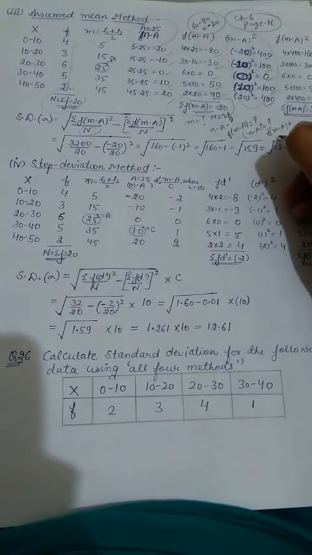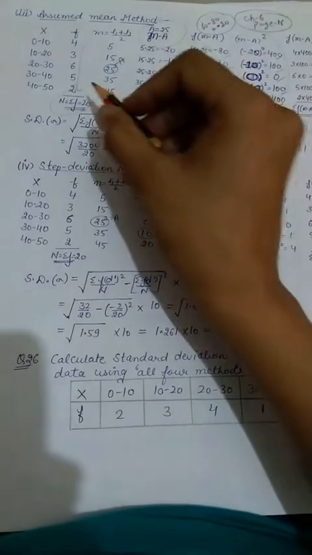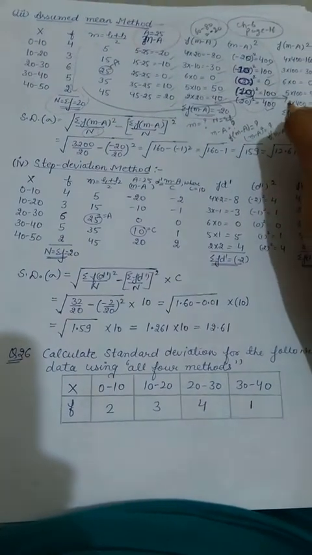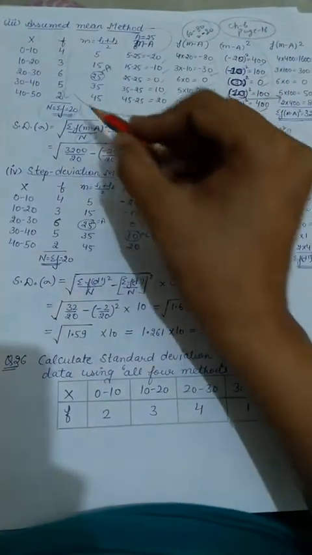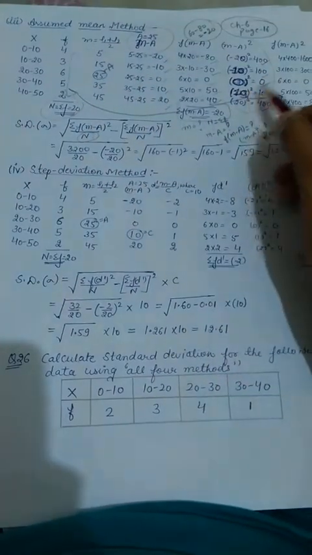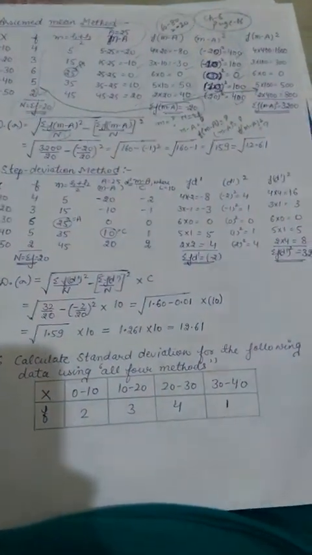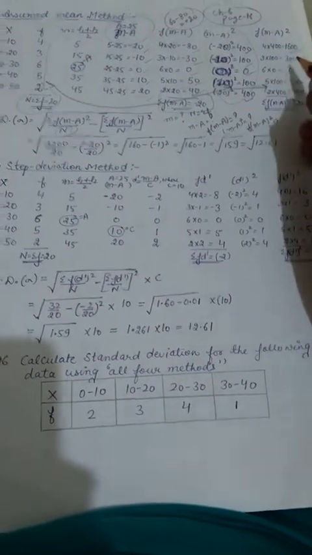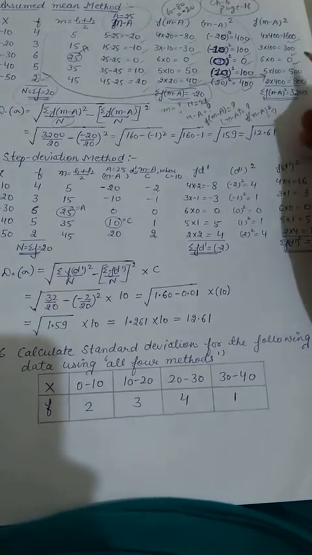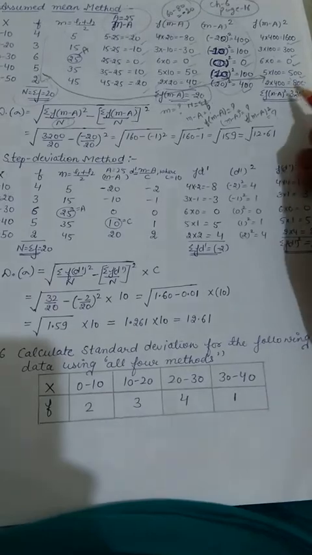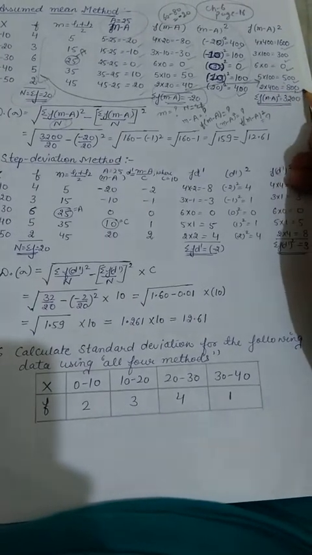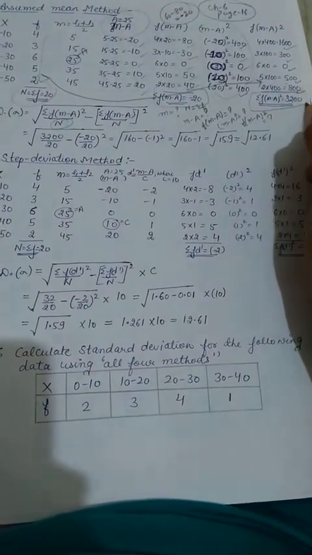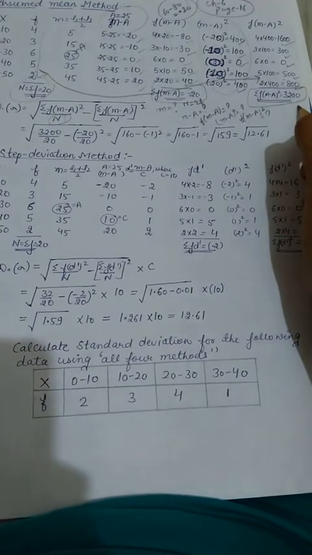You will do the product of your f column into the m minus a whole square column, so that you can get these values. That is 4 into 400, 1600, 3 into 100 will give you 300, 6 into 0 will give you 0, 5 into 100 will give you 500, 2 into 400 will give you 800, and the total you will get is 3200.